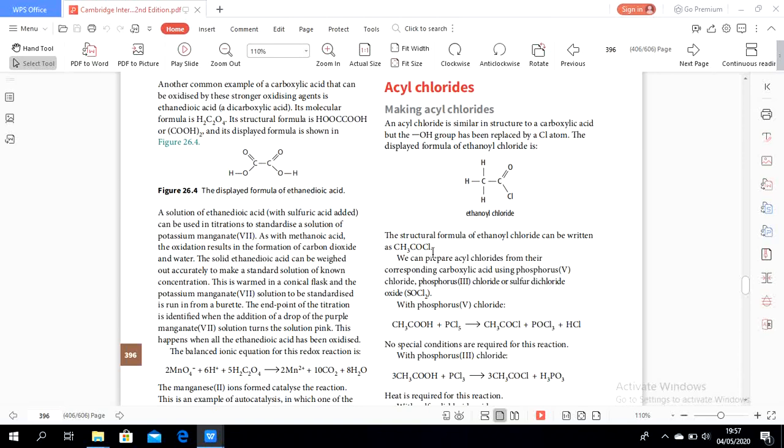We can prepare acyl chloride from their corresponding carboxylic acid using phosphorus(V) chloride, phosphorus(III) chloride, or sulfur dichloride oxide, SOCl2. With phosphorus(V) chloride, carboxylic acid will produce acyl chloride. The side products are POCl3 and also HCl.